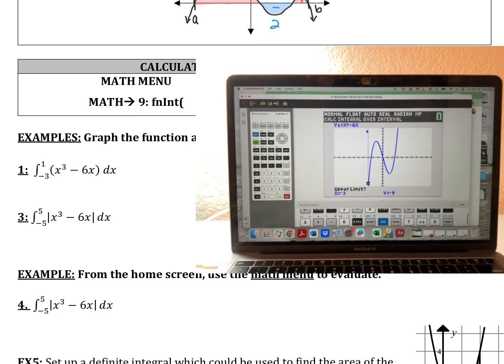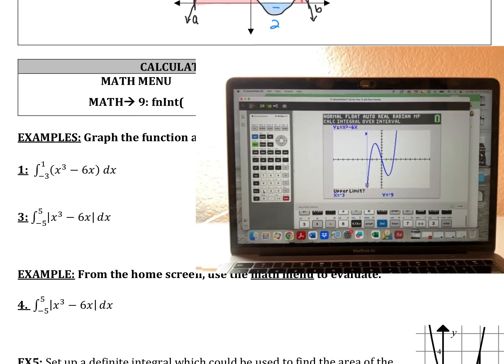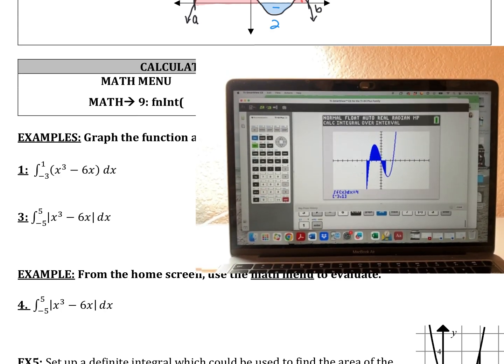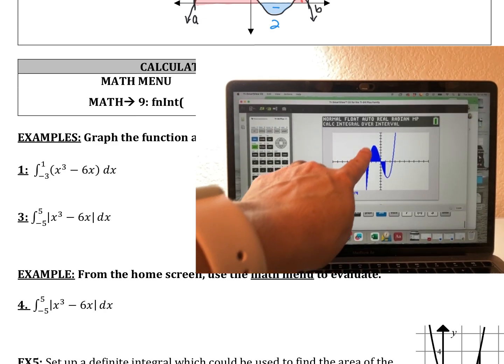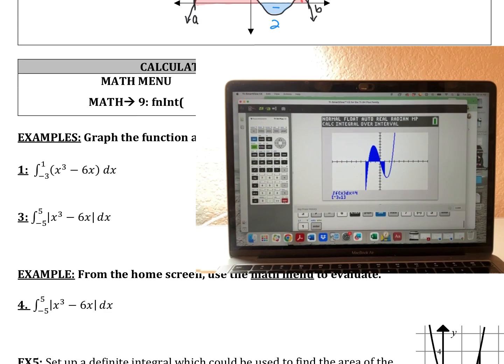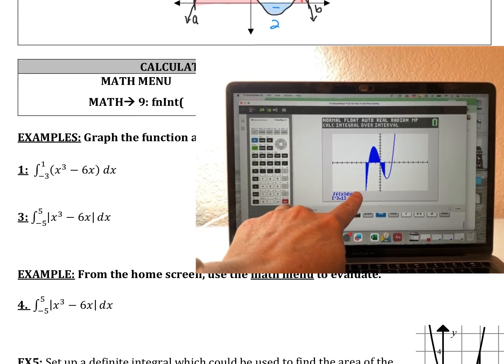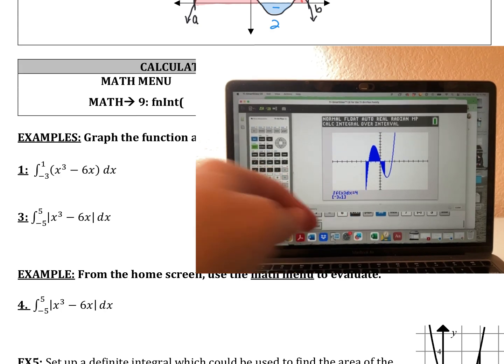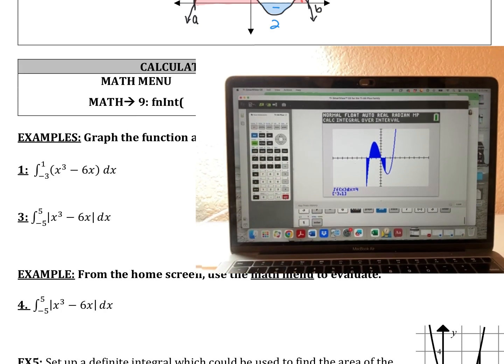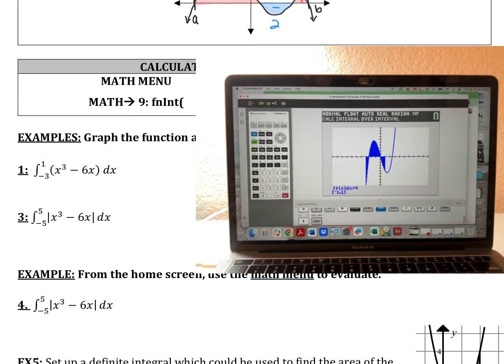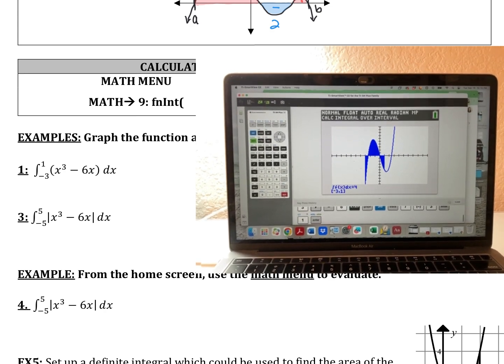And my upper limit, I'm going to type in 1 and hit enter. And you can see what it's going to give me is a graph where the shaded regions are highlighted. And so the result that we get is the net signed area for that function. So the result of this integral is 4.